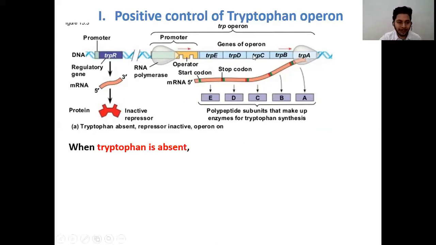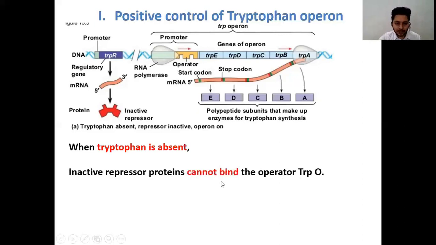So now what is going to happen? At the time when tryptophan is absent, the tryptophan R, that is the regulatory gene R, is going to produce the regulatory mRNA. This is the regulatory mRNA that is produced with the 5' cap and the 3' poly A tail. This regulatory mRNA is going to get translated and produce my repressor proteins.